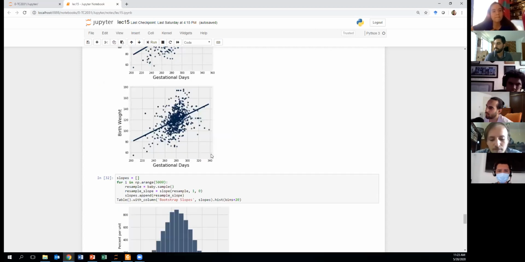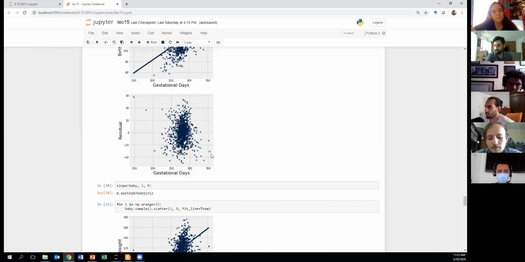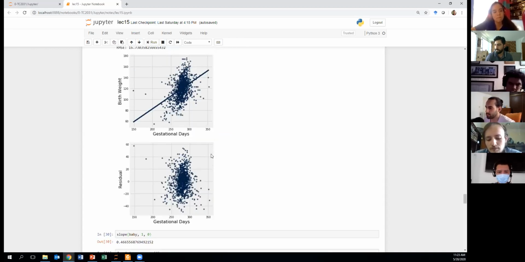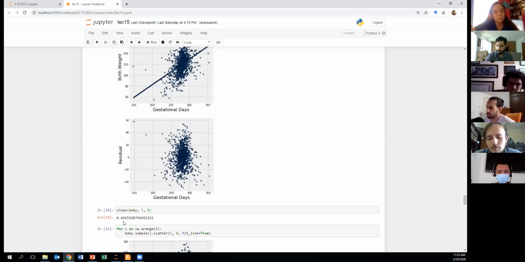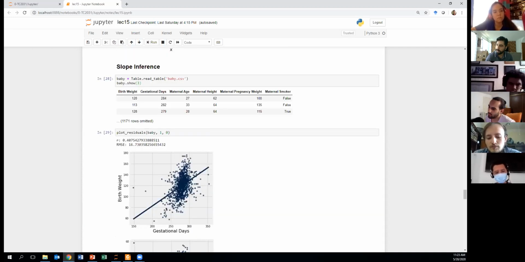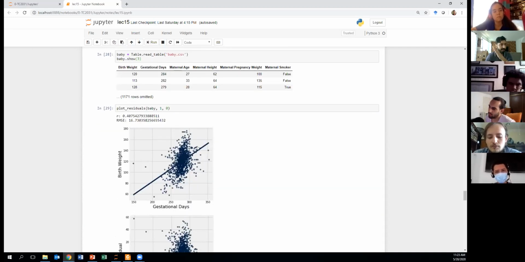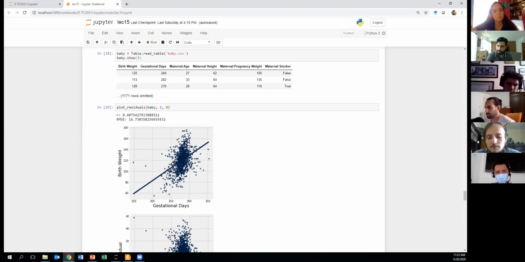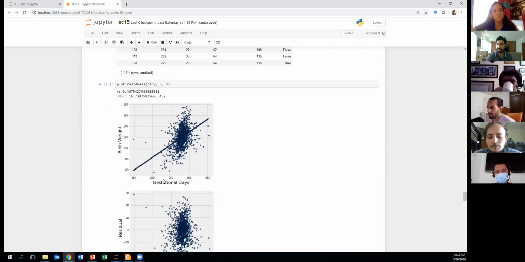What I'm doing here, don't get confused. It's pretty straightforward. Let me talk about this slope that I calculated here. What is this number telling me? The slope of my regression line between gestational days and birth weight. What I'm trying to do here is predict birth weight based on the gestational days: how many days the baby is in the womb, and based on that, what the weight would be when the baby is born.